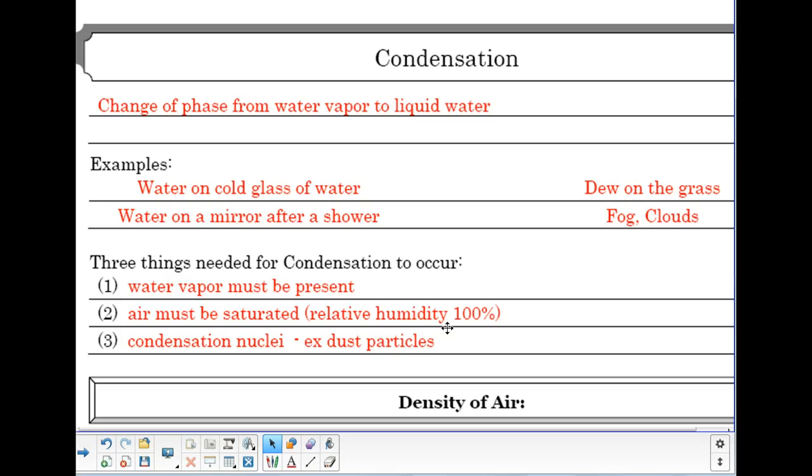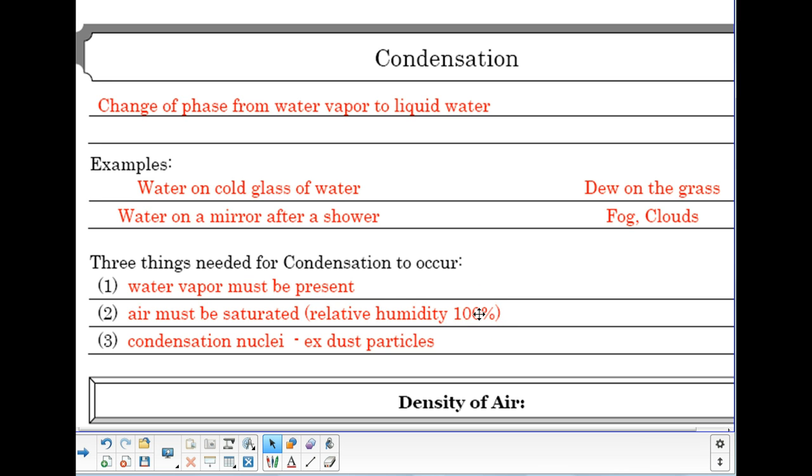If you remember from our relative humidity notes, as you cool the air down, relative humidity goes up. So cold air can't hold as much water vapor, and so as you cool that air down, it reaches its dew point, and bam, you get 100%.